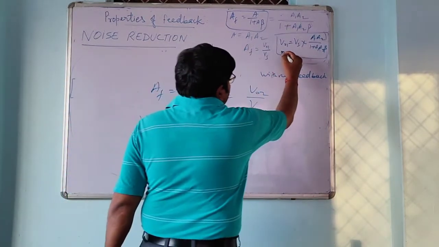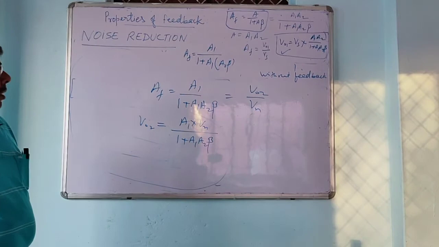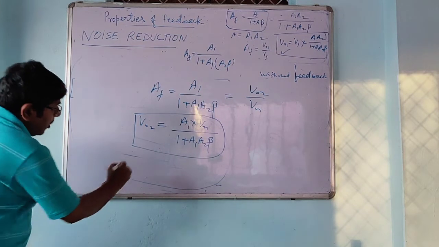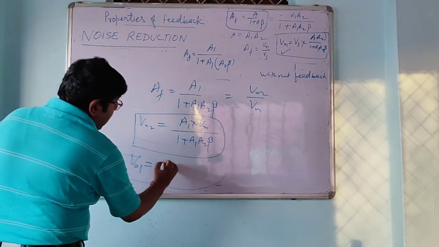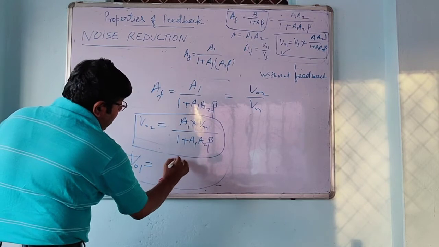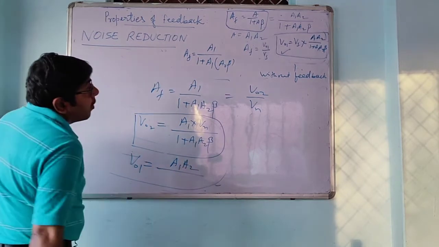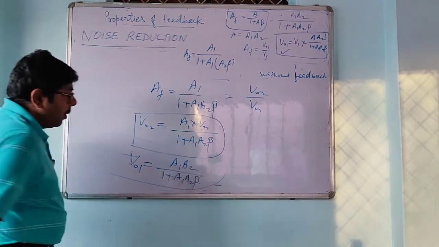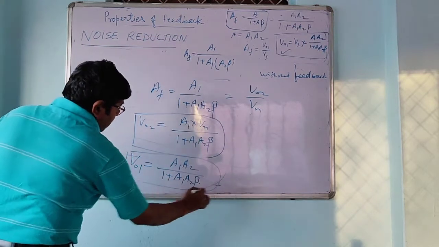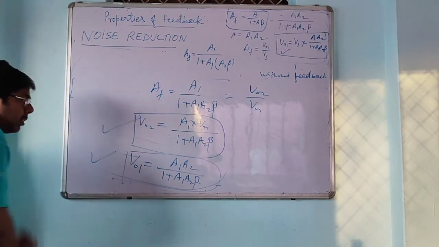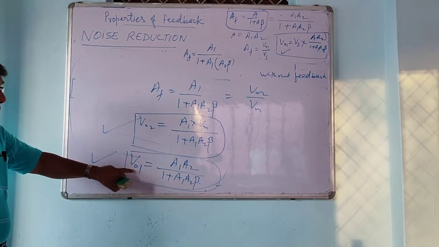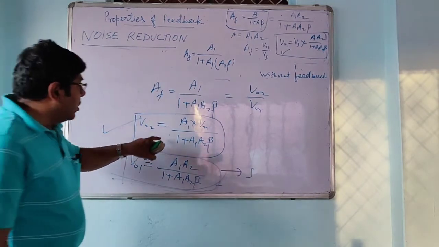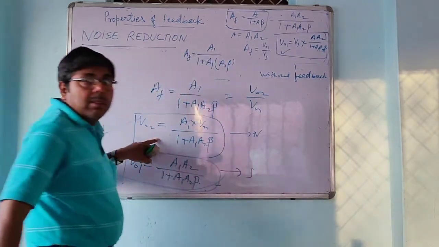The first one is V01 equals Vs, and this is the second one. V01 is given by A1 A2 upon 1 plus A1 A2 into beta, and this is V02. This is the output due to the signal part, and this is the output due to the noise part.